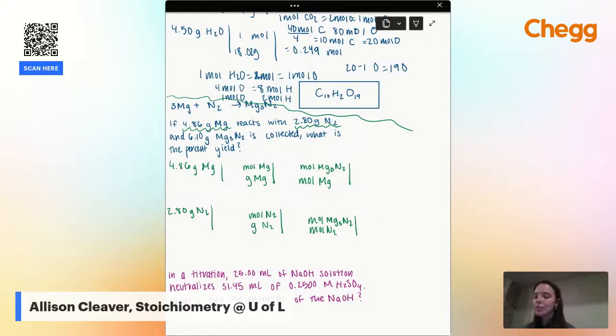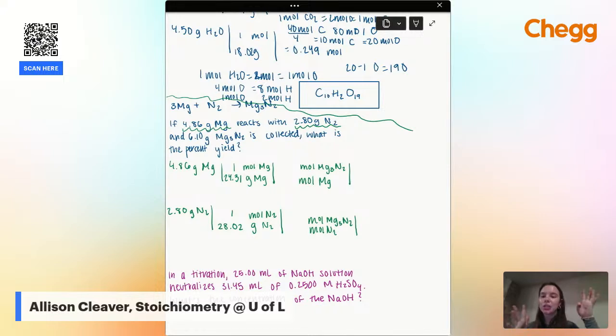So we need the molar mass of magnesium and the molar mass of nitrogen gas. Look at the periodic table for that value with the decimal point. For magnesium, you should see 24.31 grams per 1 mole. Nitrogen, you have 28.02 grams per mole.